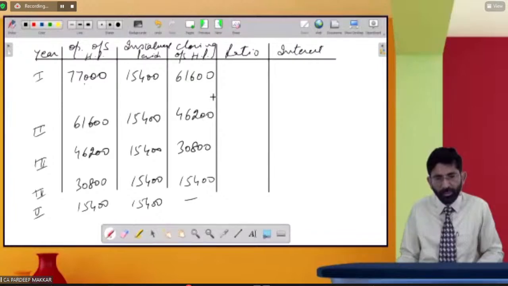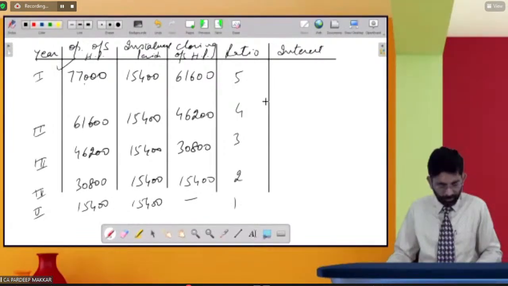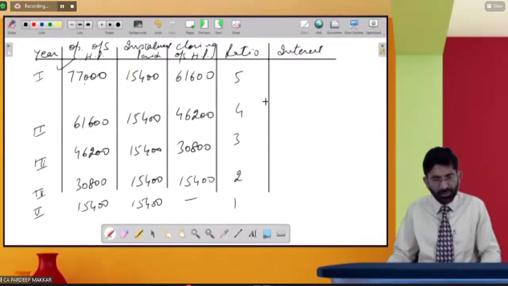So the ratio is with you. Ratio is always calculated on the basis of opening balance. So it will be 5:4:3:2:1. Divide interest in this ratio. This is your answer. So total interest is with you. Just get it fast.